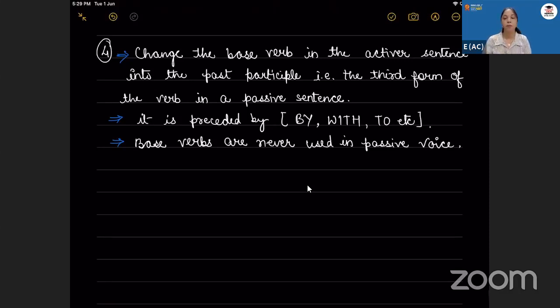Clear? Yes, ma'am. All 3 parts of rule number 4 are clear to everyone, I'm assuming. Now we are moving towards some examples.